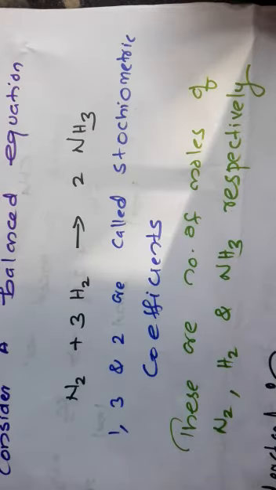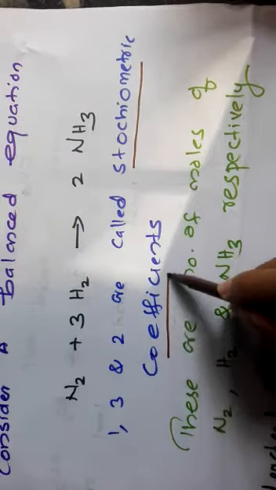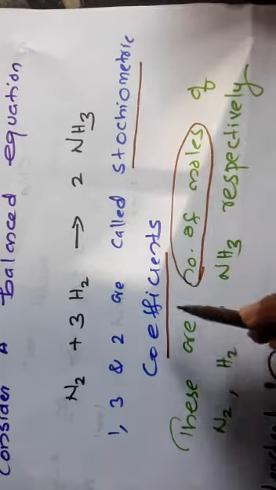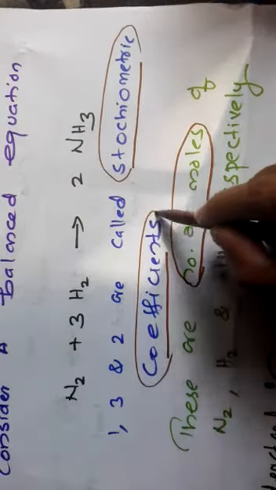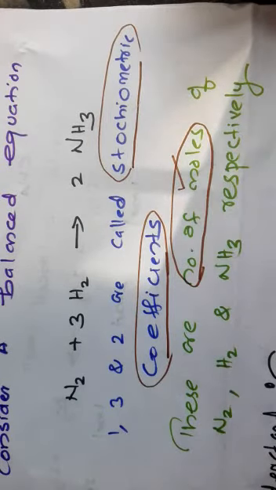Therefore, stoichiometric coefficients are also considered as number of moles. The stoichiometric coefficients of a balanced equation are considered as number of moles. This idea will help you to solve many problems.